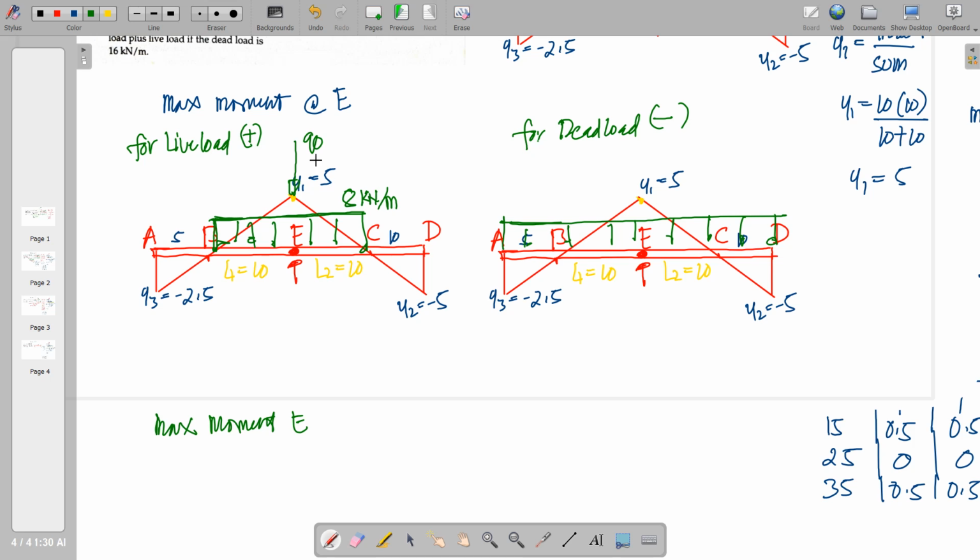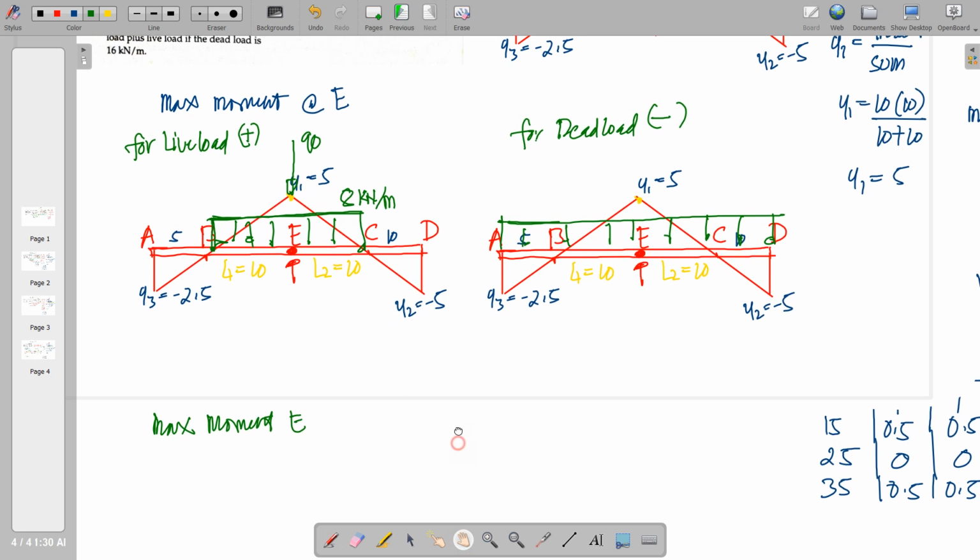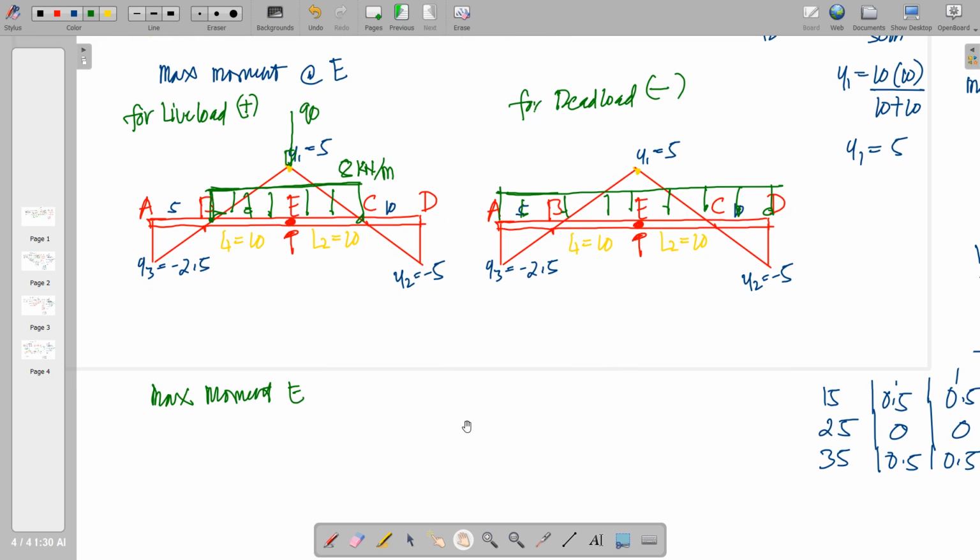Actually, we can also place live load and consider negative ones, but eventually we do not bother ourselves to do that because it is obvious that the maximum moment at E will be based from positive.